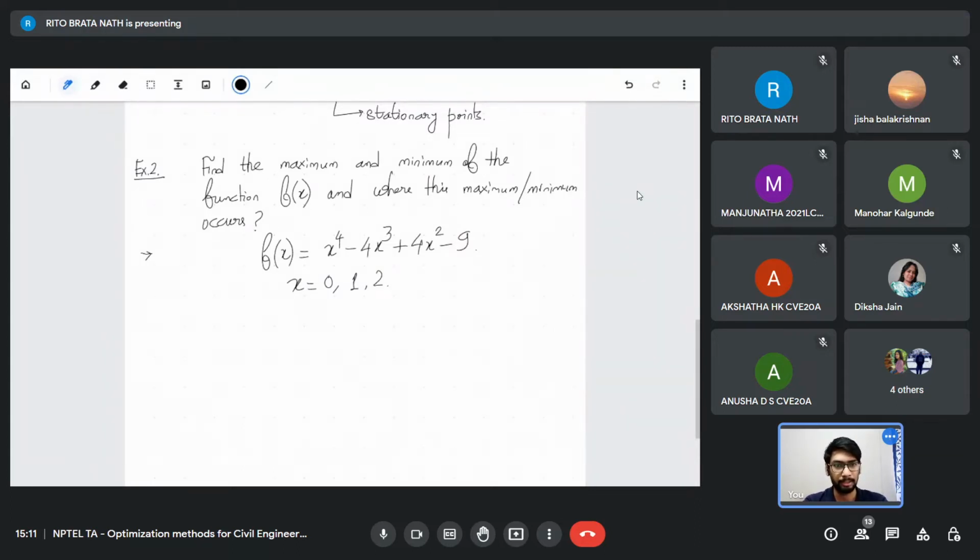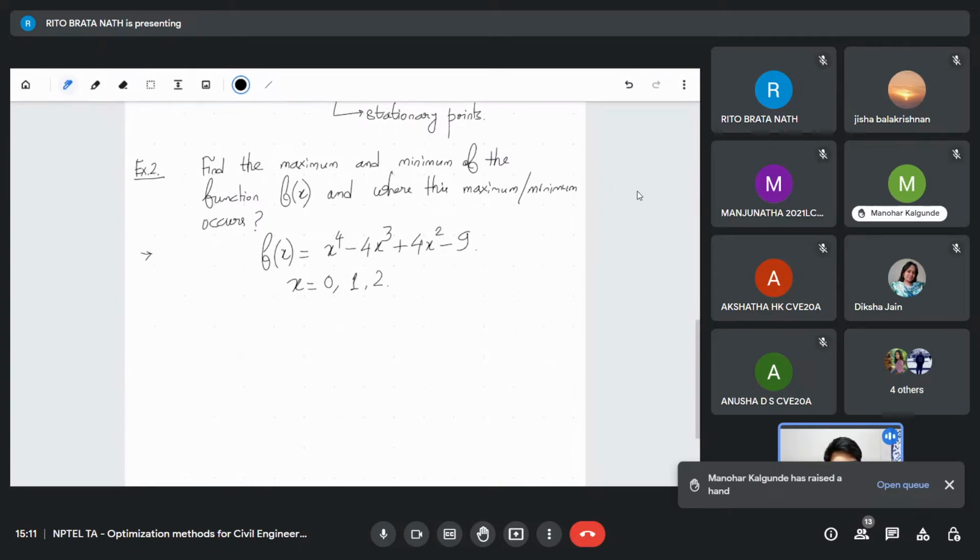Anyone can unmute and tell me, or raise your hand. Okay, Manohar already mentioned. Anyone else can go ahead. Yeah, you can go ahead, Diksha.